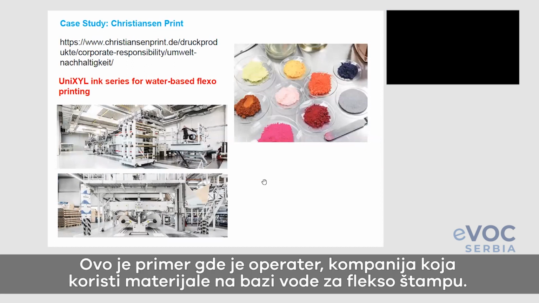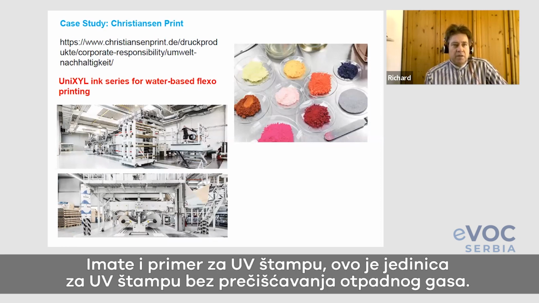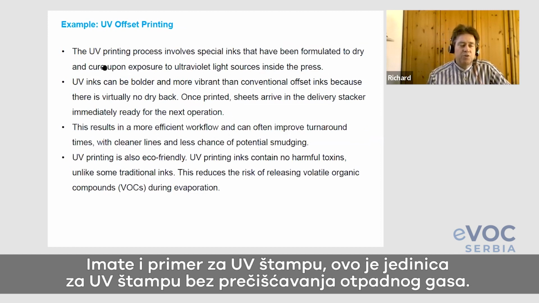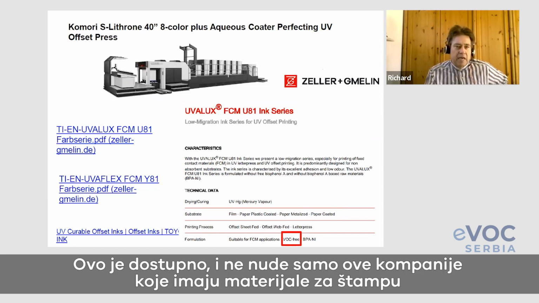Here is an example, just so that you believe me, where an operator is using water-based flexo printing materials for its installation. Or an example for UV printing. Here you see a UV printing unit without any abatement. I mean, that is available.